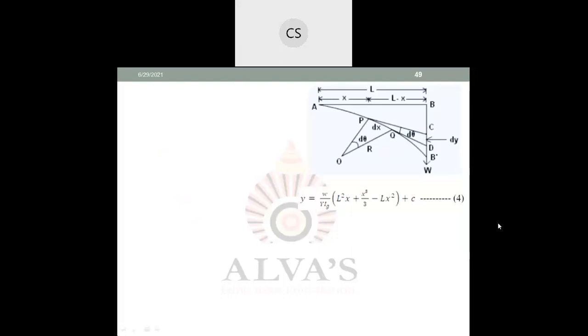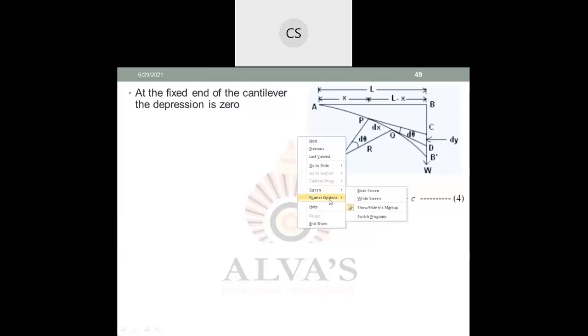That's the expression for whatever we got. So let us try to put the boundary condition. Let us take the first boundary condition. At the fixed end of the cantilever, what is the depression?